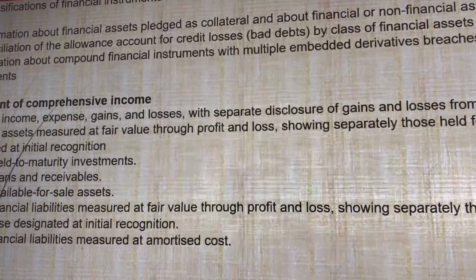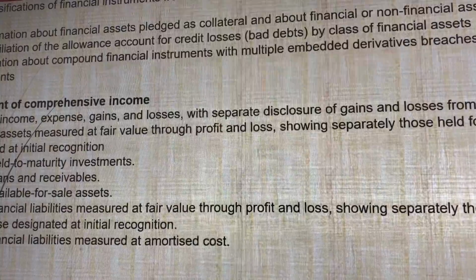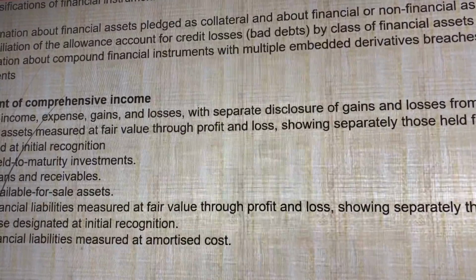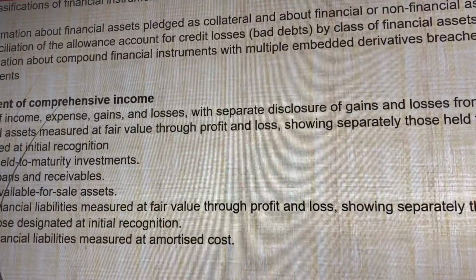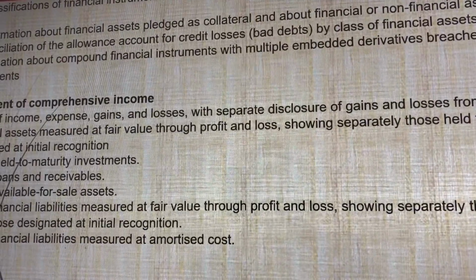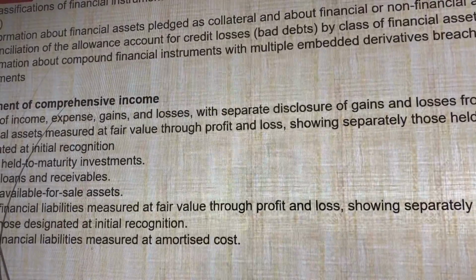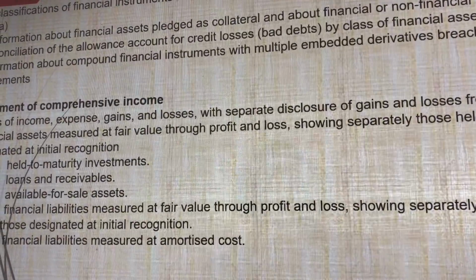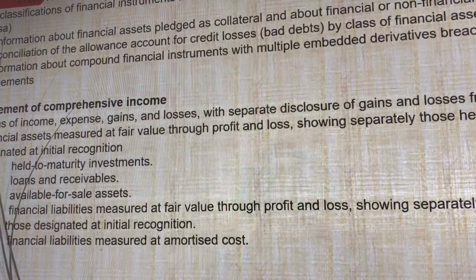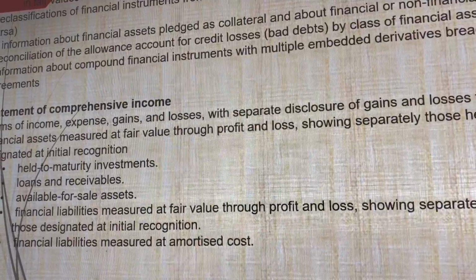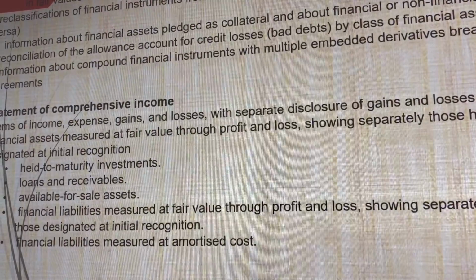Other special balance sheet items must be disclosed in the financial statements, while the disclosure in the comprehensive income, that is the P&L, requires the income, the expense, the gains, the losses, with separate disclosure of the gains and losses in the face of the financial statement.